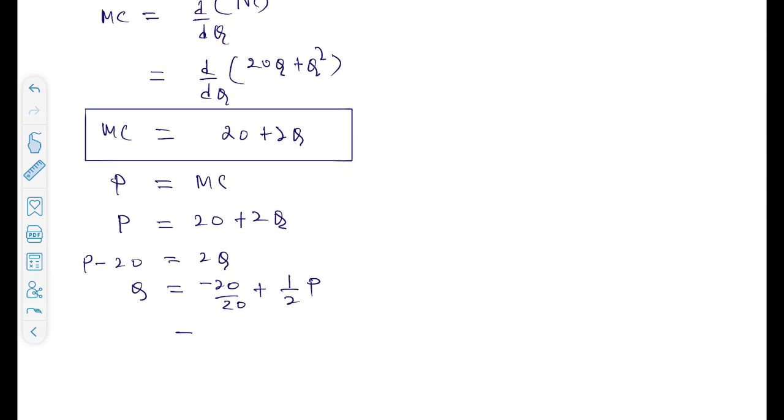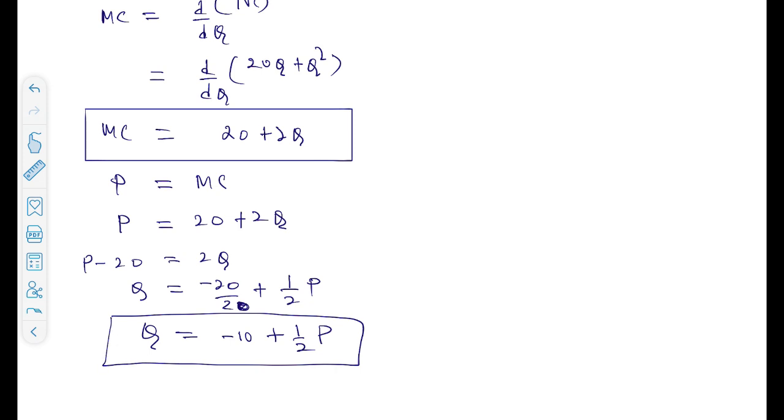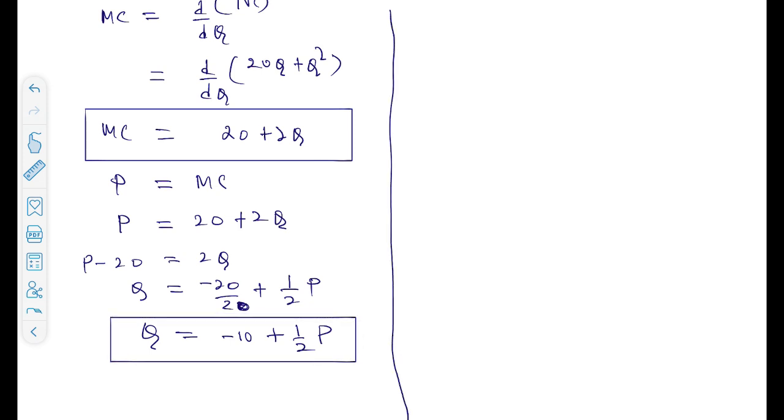This will be minus 10 plus 1 upon 2 p. This is the supply function, the supply curve for a perfectly competitive firm.